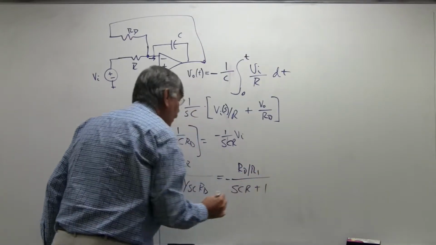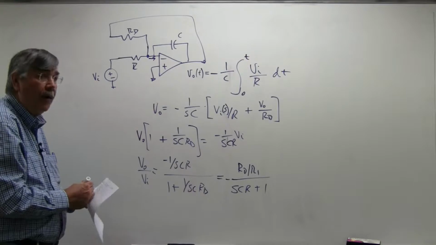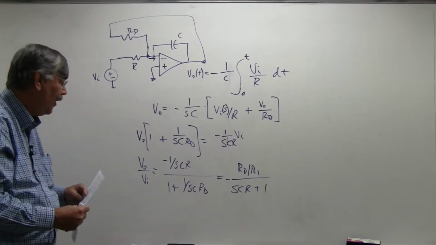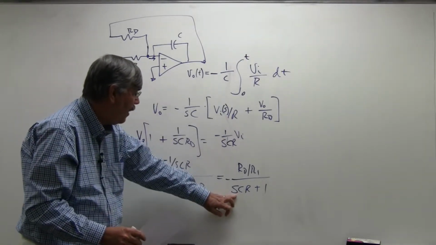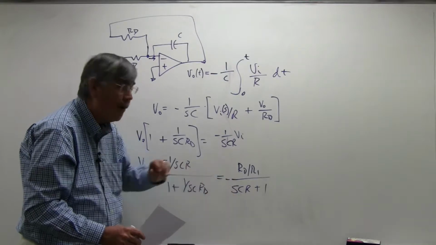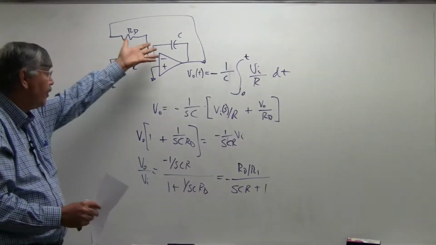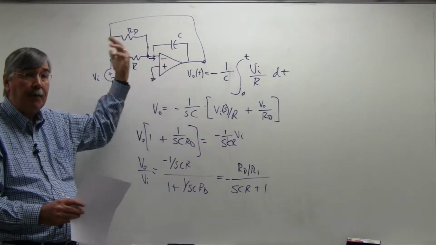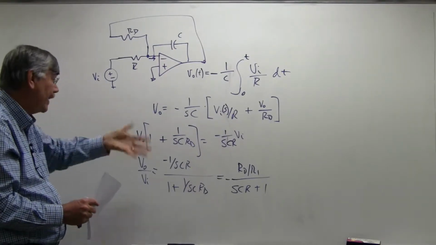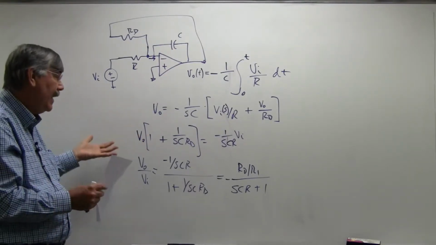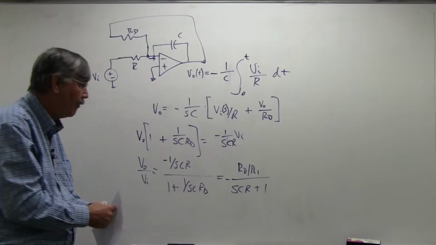RD over R1. If we wanted to, we could think about this some more. This thing says that when S equals 0, the gain of this thing is minus RD over R1, which is what you would get at DC, where the capacitor looks like an open circuit. So that's actually the DC gain. And now we can start recognizing this as a low-pass filter.